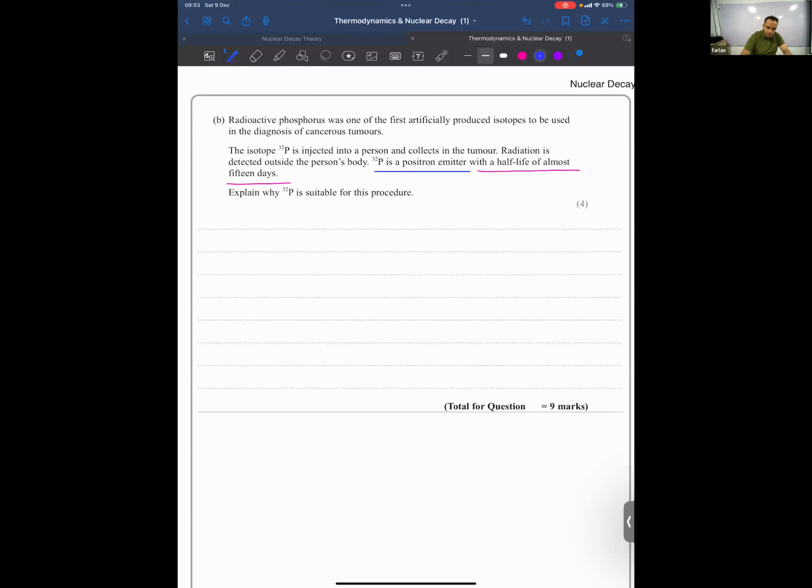The emitted positrons annihilate with electrons and produce gamma radiation.